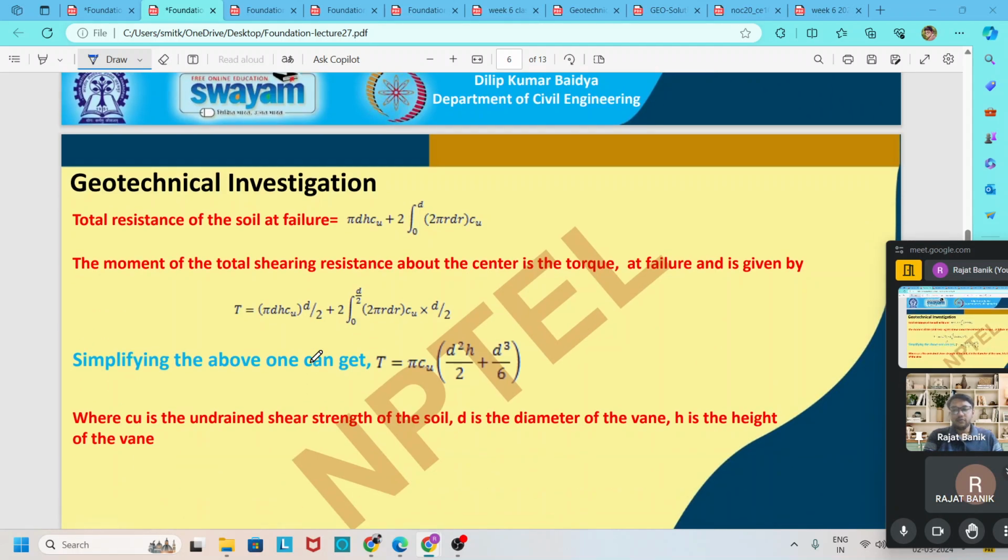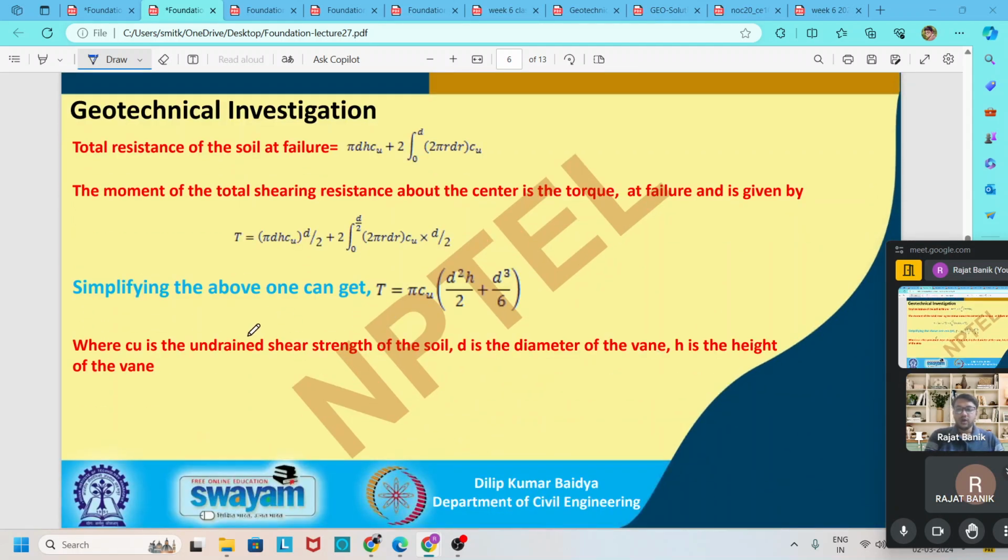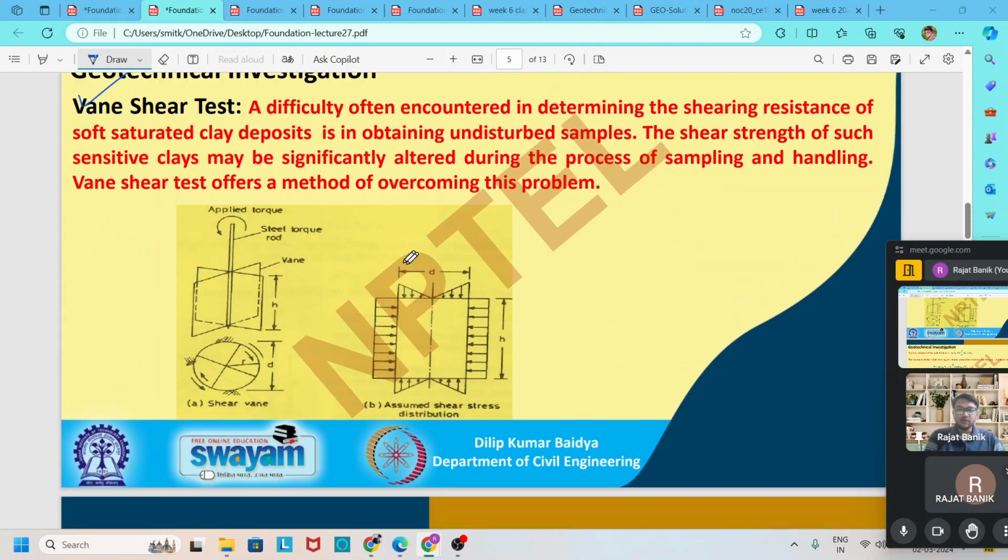So there are two methods applied. When we apply these blades into the ground, the shear resistance occurs at this edge of the blade, also this edge, and also at the bottom of the blade and also the upper side of the blade.